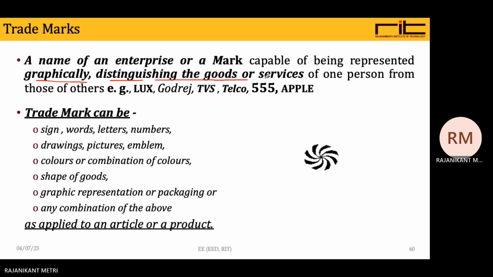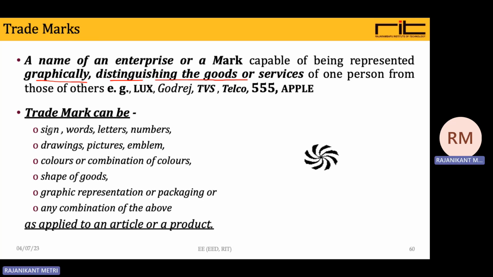So these all come under trademarks. So a name of an enterprise or a mark capable of being represented graphically, distinguishing the goods or services from those of others, is known as a trademark.